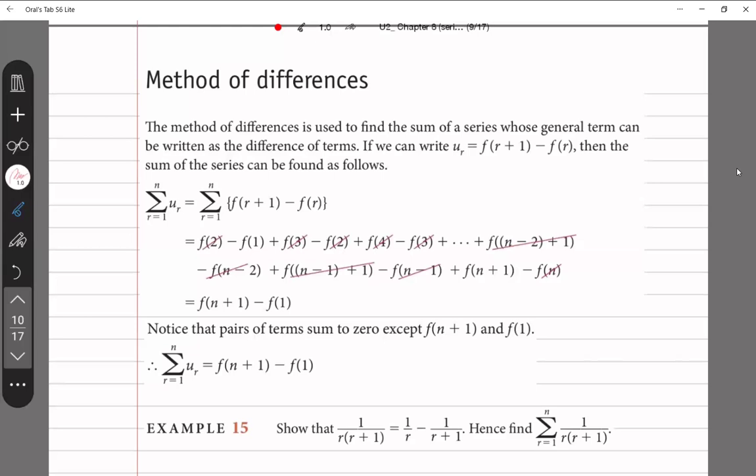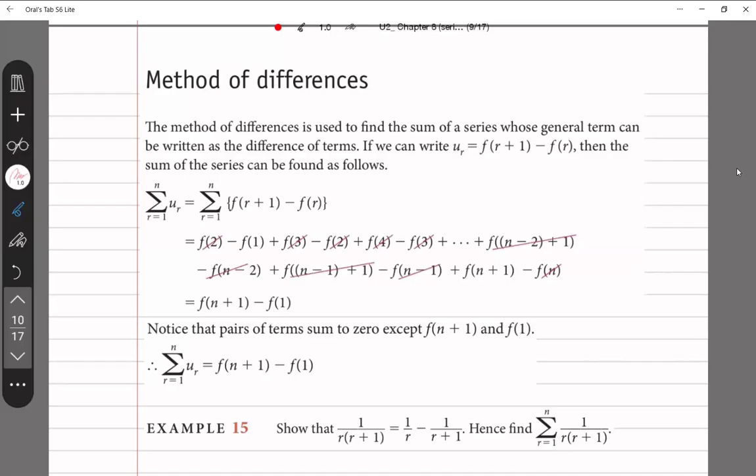The sum of u_r, a series from r to n, is equal to the sum of f(r+1) minus f(r), because that's what the general term was equal to.